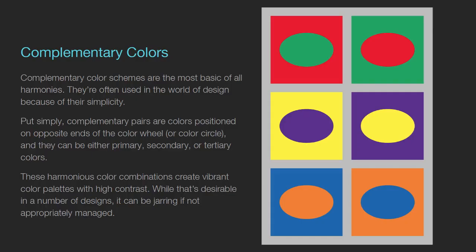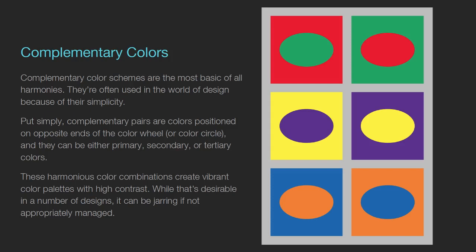So complementary colors are pretty basic, and not just basic, but they're what people think of first when you think of color harmonies. It's colors that are opposite of the color wheel. So we have red and green, purple and yellow, orange and blue.